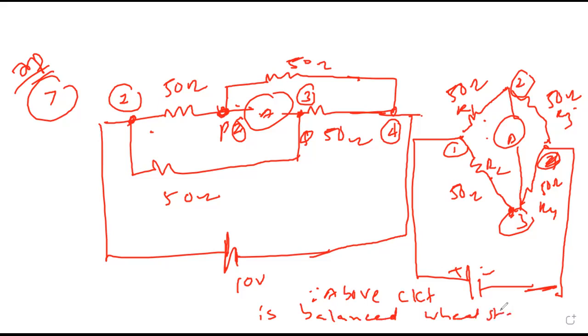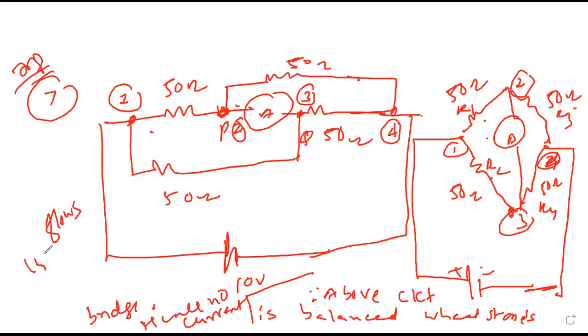So what current will flow through the ammeter? No current flows through this diagonal. The above circuit is a balanced Wheatstone's bridge, hence no current flows through the ammeter.